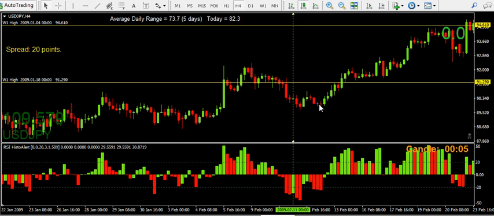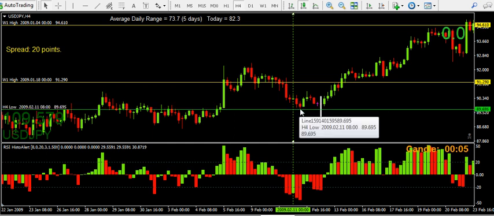But for argument's sake, let's pretend that's a 2B reversal there. Swing 1, swing 2, swing 3, and this is your high. So we need the low of the initial bar of swing 1.